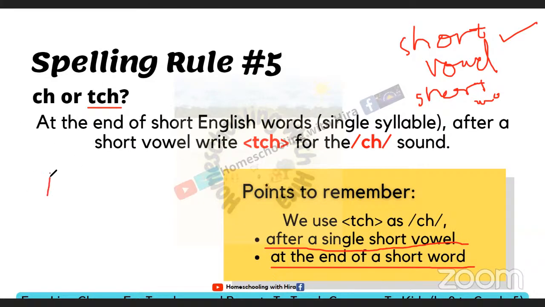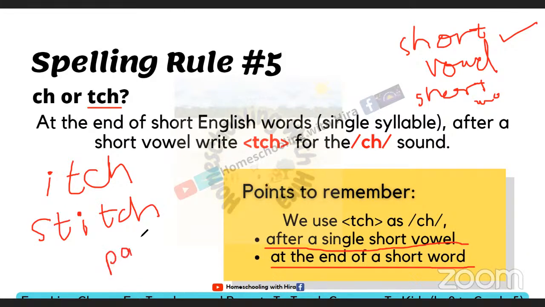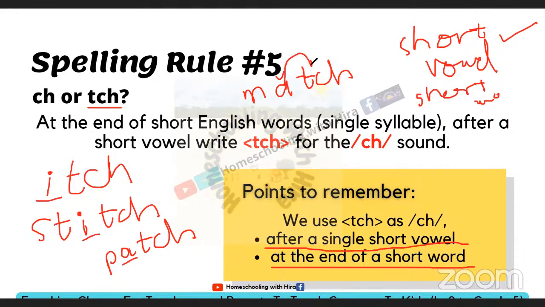For example, stitch, patch, or short a, ch, match. They all are monosyllabic words. We can see we have only one vowel sound, and right after the vowel, we have the ch sound. So we are writing it with TCH.